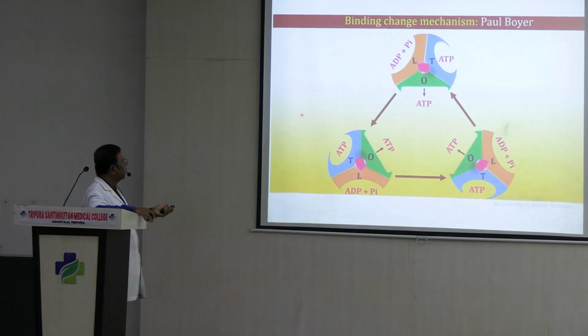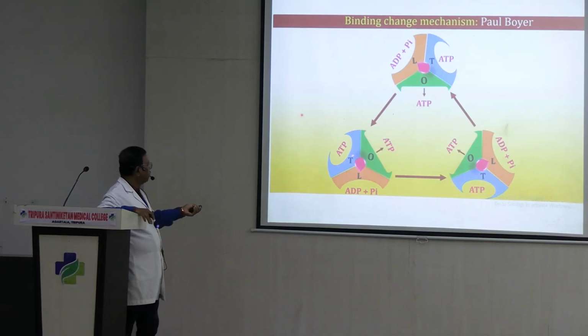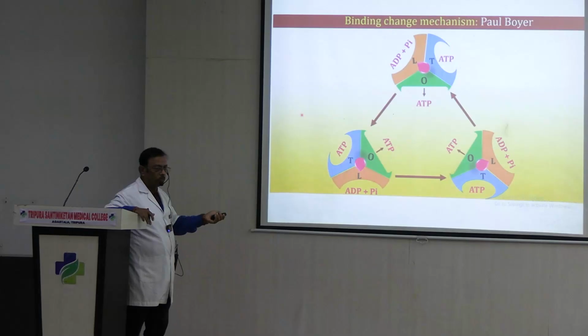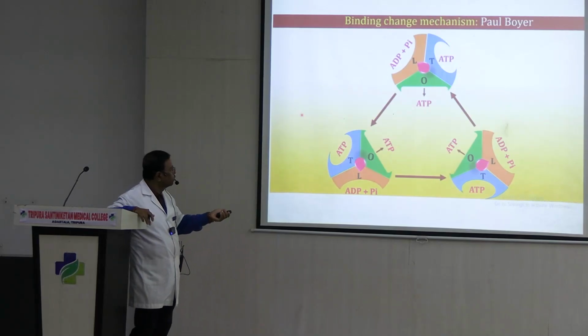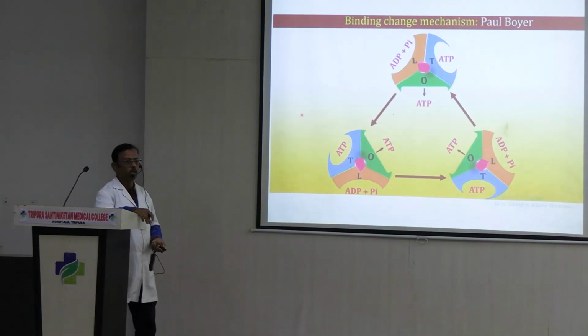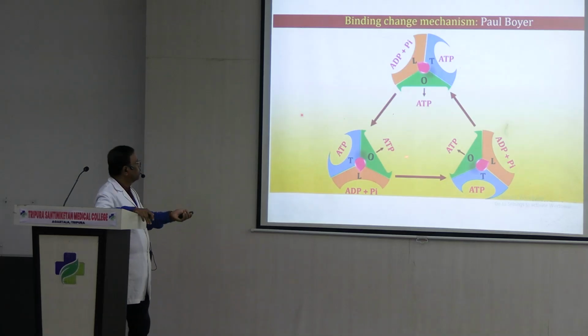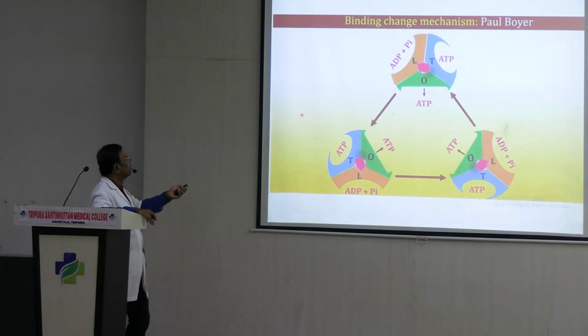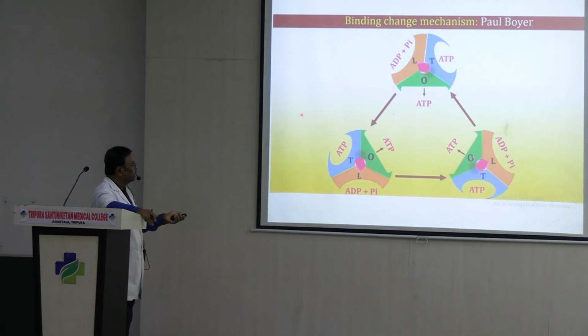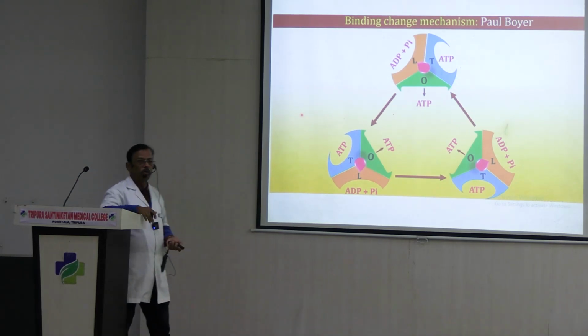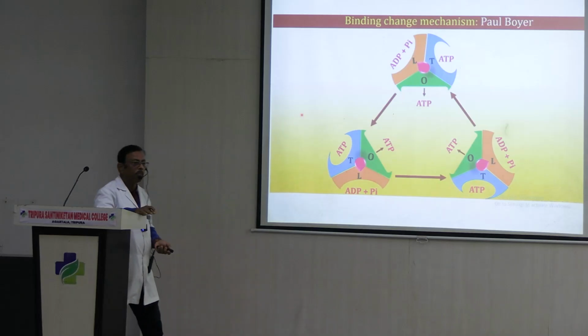So if you consider this subunit, it has transformed into T form and there is ATP formation. Okay. In the next moment, this T form has a conformation change to form O form. Okay. So once there is O form, the ATP is released, and in the next turn, the same beta subunit assumes the conformational change of L form. Okay.